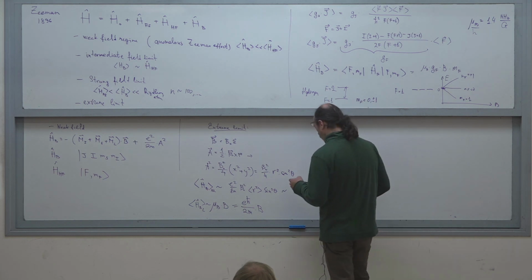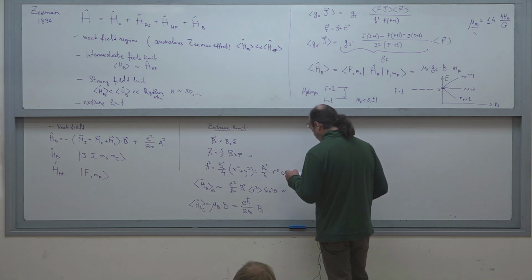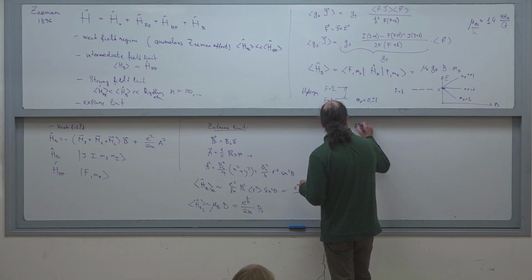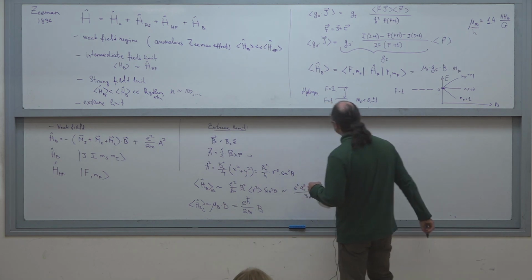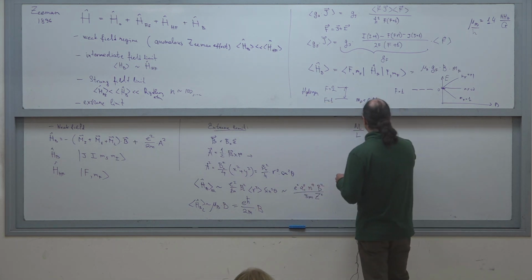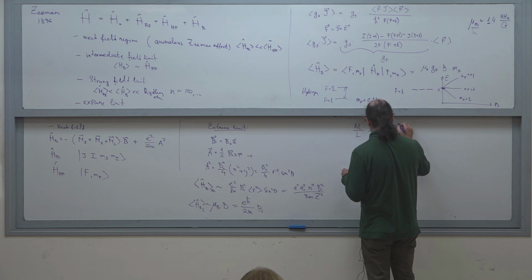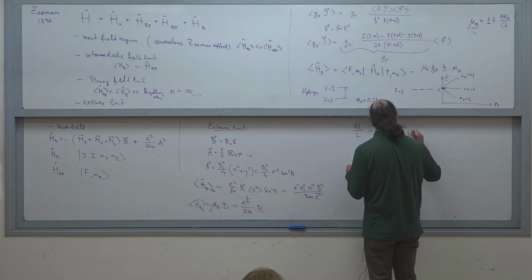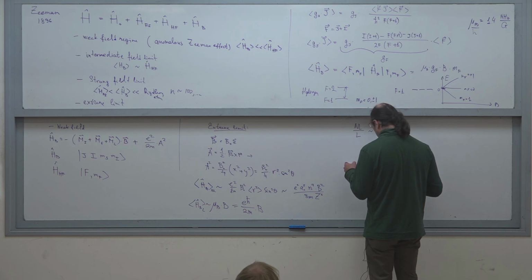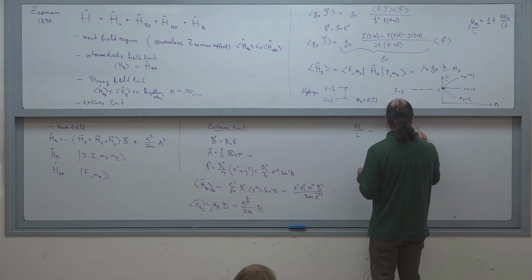The ratio of the nonlinear term to the linear term goes like e, the charge of the electron, multiplied by Bohr radius squared multiplied by n to the 4th power, the principal quantum number to the 4th power, divided by 4 h bar Z squared, multiplied by B.